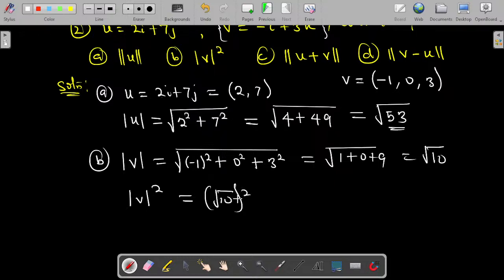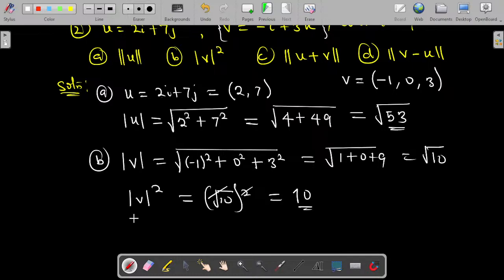And by the time you take the square of root 10, square will cancel square root, and that will give you 10. And I want to believe that that's how Chidinma got 10 initially. Okay, so that is the solution for that.